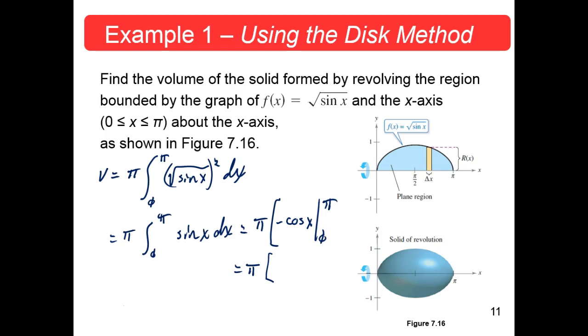Well, let's just start. What is cosine of pi? Negative 1, and minus that would be 1, minus a minus, which is a plus, right? So that's going to be plus the cosine of 0. And that's 1. So this is going to be 2 pi.